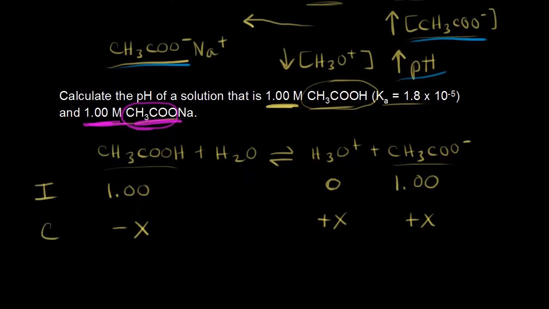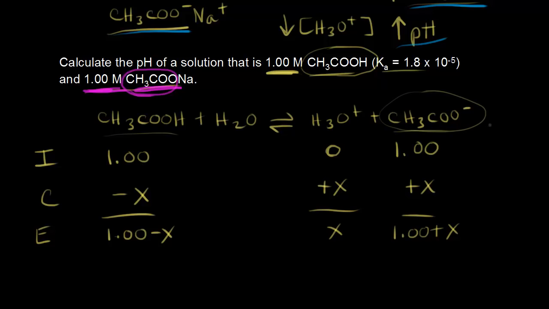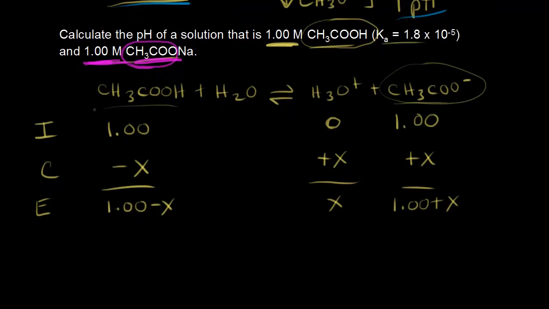So at equilibrium, let's go ahead and write what we would have. At equilibrium, we would have 1 minus x for our concentration of acetic acid, x for our concentration of hydronium, and 1 plus x for the concentration of acetate. Once again, two sources for our concentration of acetate. We can write a Ka expression, an equilibrium expression using Ka, because we're dealing with acetic acid donating a proton to water here.